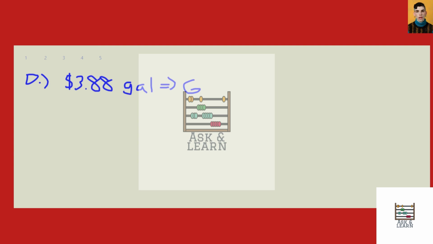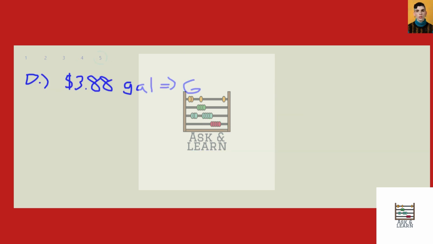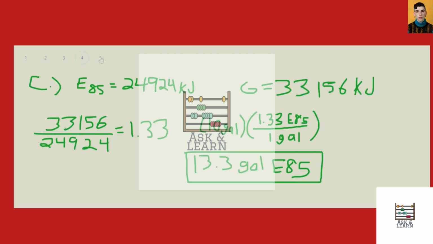They want to know the break-even price per gallon of E85 if the same amount of energy is to be delivered. So basically, what they want to know is what's the price if we want to produce the same amount of energy with E85 as we do with gasoline. What is going to be the price per gallon?